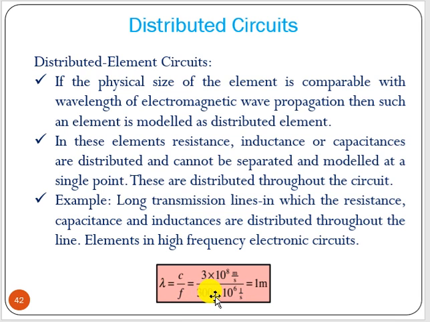If instead of 300 megahertz you take 300 gigahertz, that means 10 to the power 9, so the exponents cancel out, and 3 by 30 becomes less than 1 meter, in the centimeter range, and the circuit size is comparable with that.